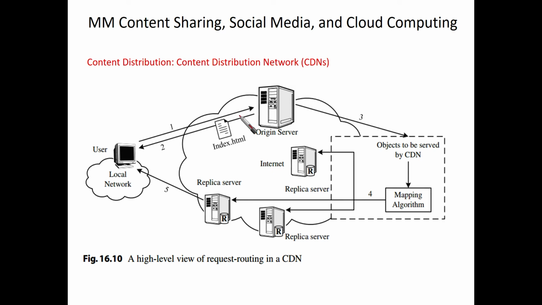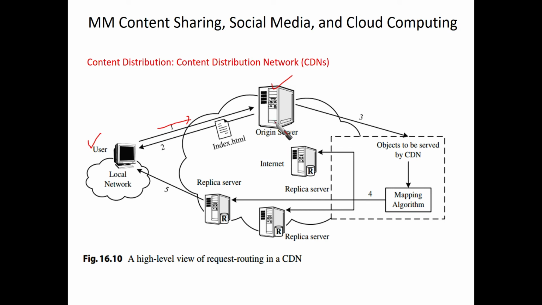It is also similar to the domain name system, if you remember that. You see, this is a user in the local network, and let's say it likes to consume some data from this server, the original server. It sends a request, which is simply a URL, a website address.